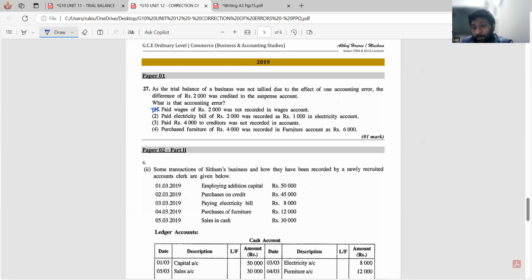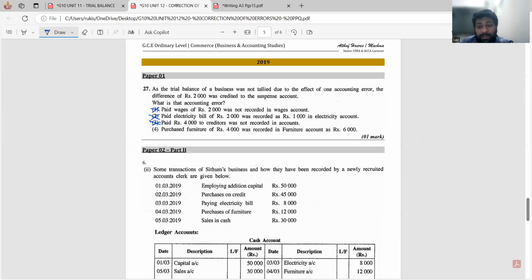Then the difference should be only 1000, not 2000. That is also out. Paid 4000 to creditor was not recorded. It's not recorded on the debit side or the credit side, so that is also out.